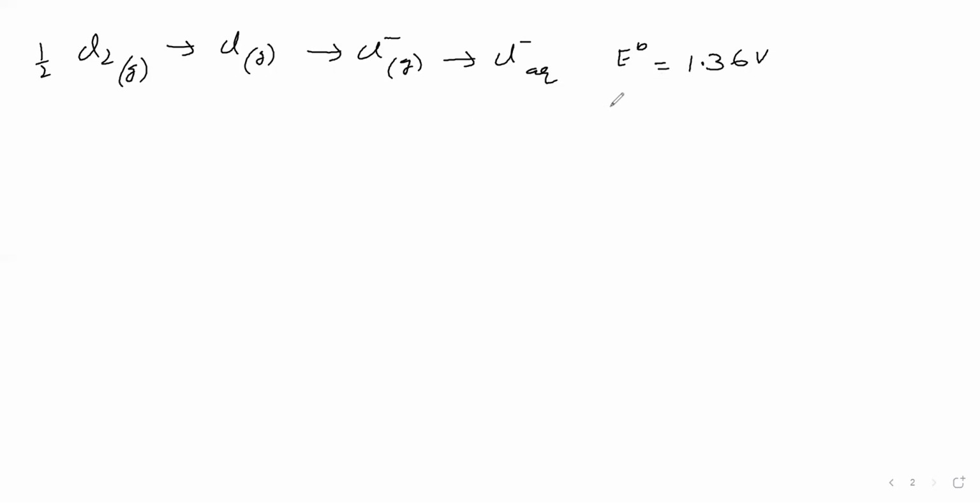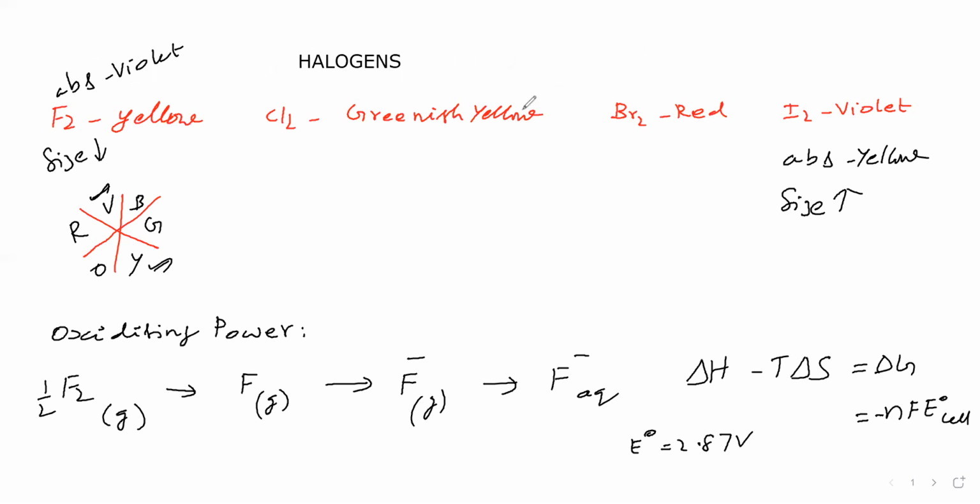Now we will see the first step in these two, which is bond dissociation. Bond dissociation enthalpy of fluorine is 158.8 kilojoule per mole.